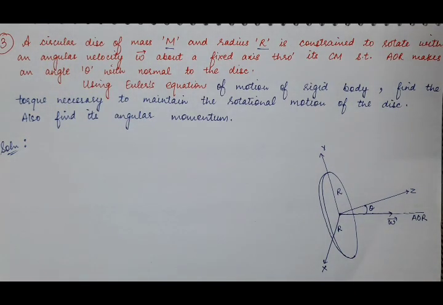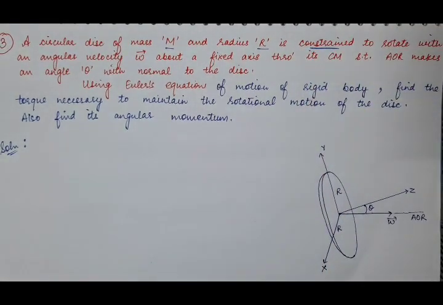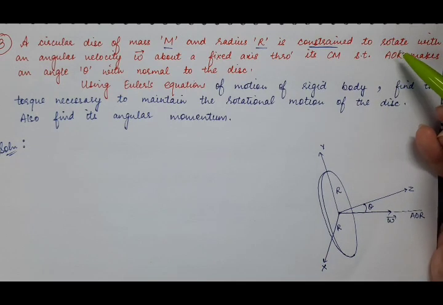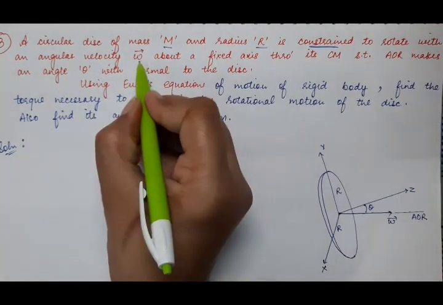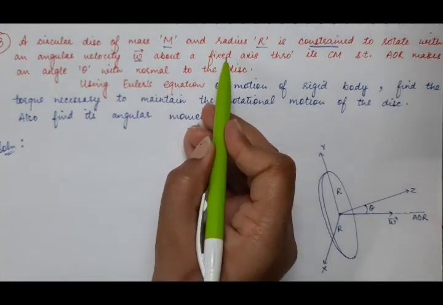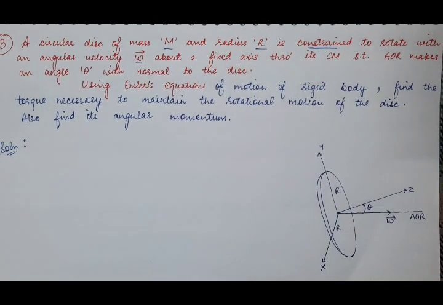The constraint means there is some condition over its rotational motion. The condition is that this circular disc rotates with an angular velocity omega vector about a fixed axis, and that axis passes through its center of mass.